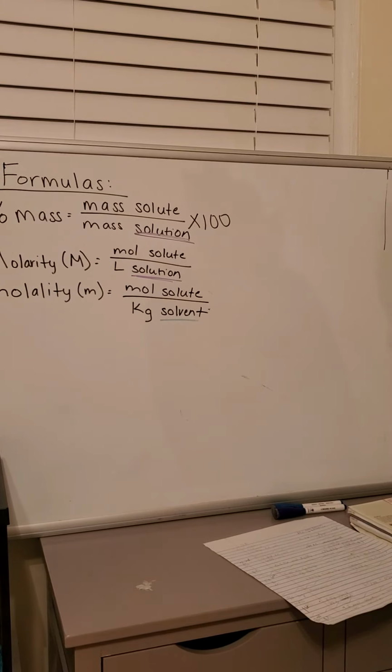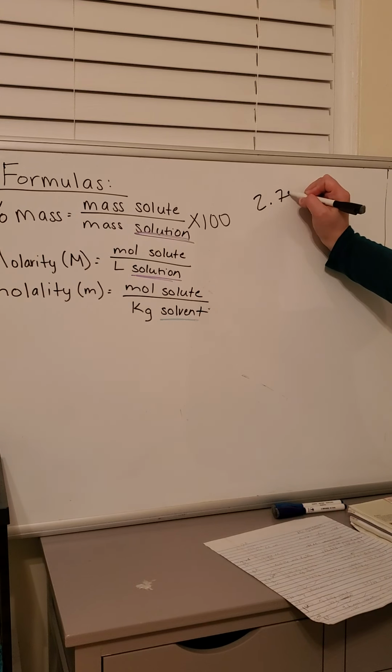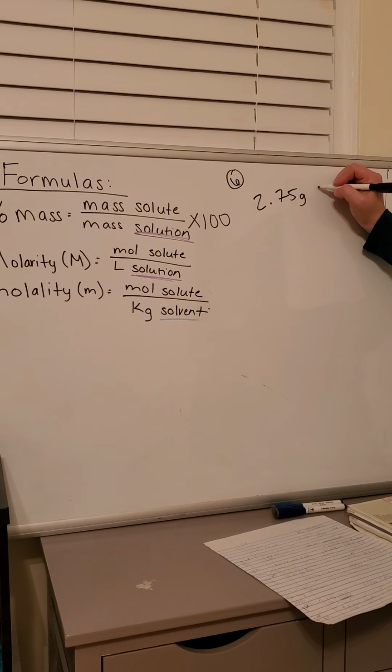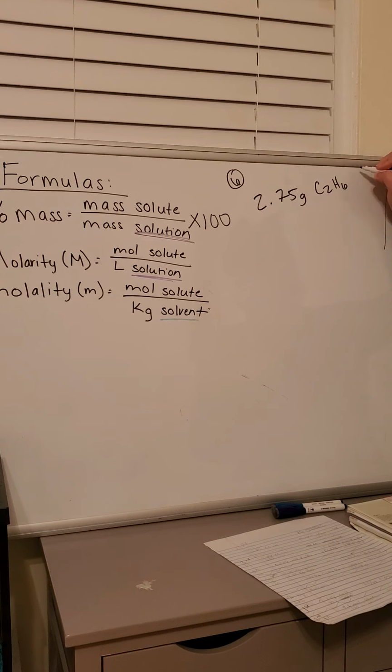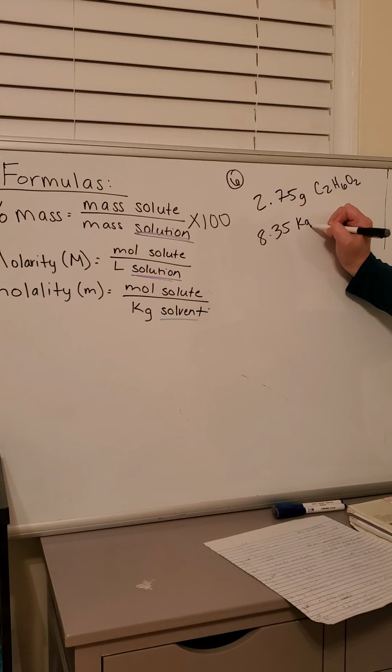Number 6 says, a radiator is filled with a mixture of 2.75 kilograms of ethylene glycol, C2H6O2, in 8.35 kilograms of water.